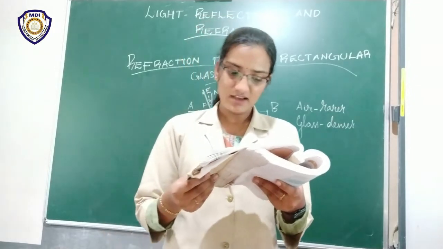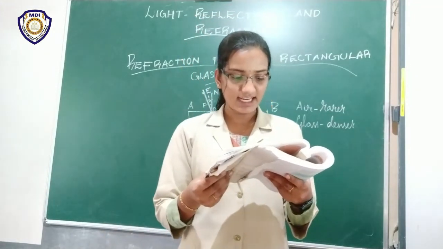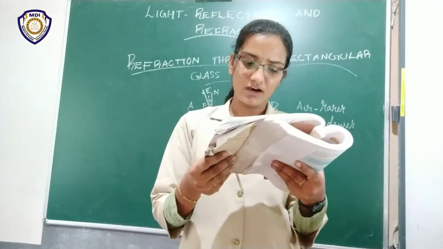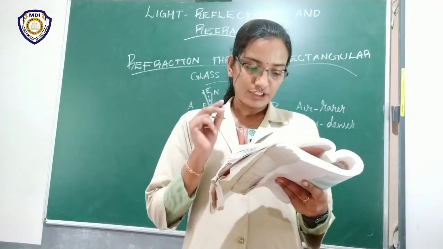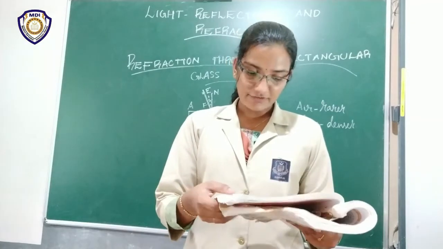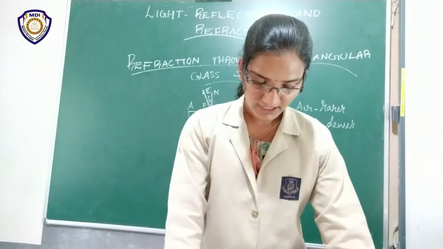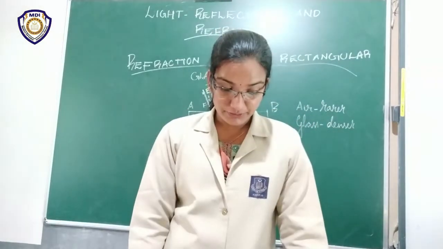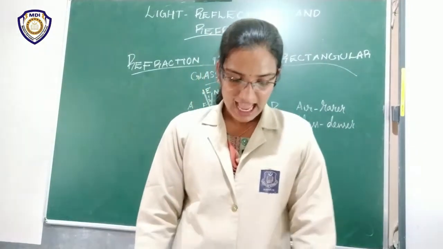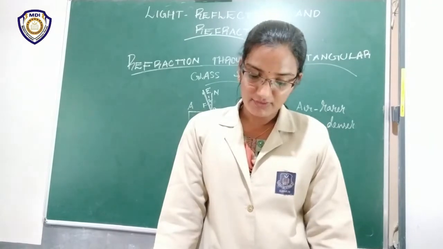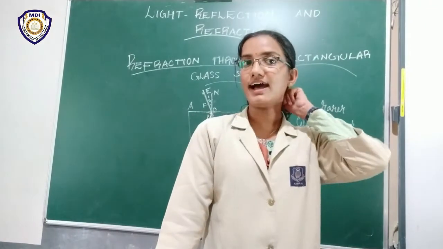What happens when a light ray is incident normally to the interface of two media? Try to find out. Now you are familiar with the refraction of light. Refraction is due to change in the speed of light as it enters from one transparent medium to another.